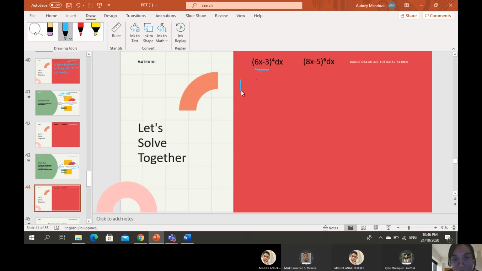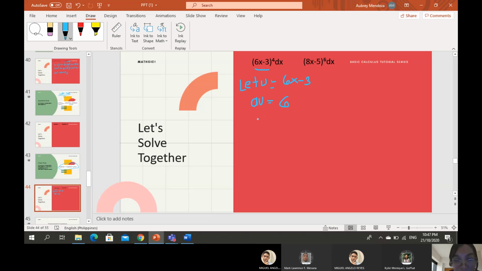So let u is equals to 6x minus 3. So next is we need to get du. Du is the derivative of let u. So the derivative of 6x minus 3 is 6.